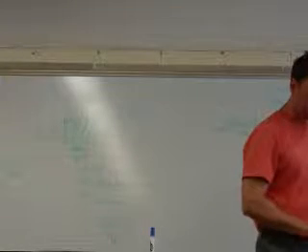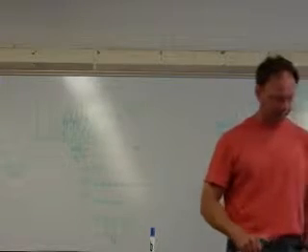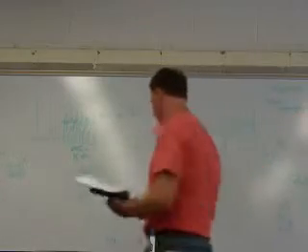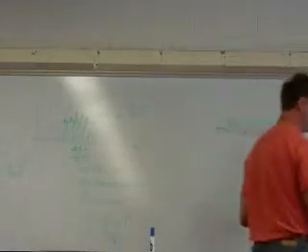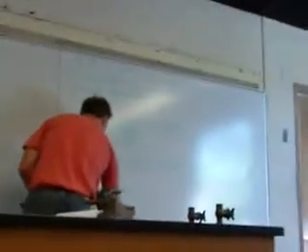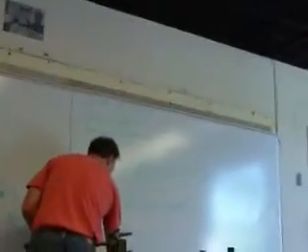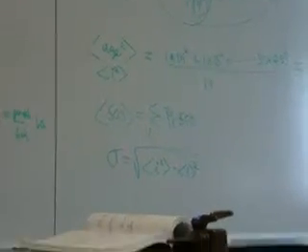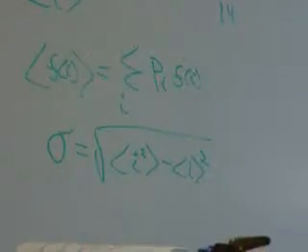You can show that sigma, for this distribution, the standard deviation, equals the square root of the expectation of i squared minus the expectation of i quantity squared. Okay, so you should go through equations 1 through 12 in Griffiths, and you should be very comfortable with them.